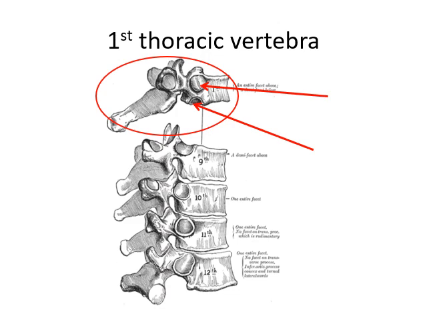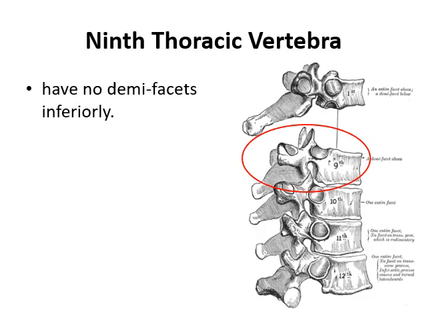That is the atypical feature of the first thoracic vertebra. Then the 9th thoracic vertebra does not have a demifacet inferiorly. The inferior demifacet is missing, there's only a superior demifacet, so this is the only vertebra that looks like that.